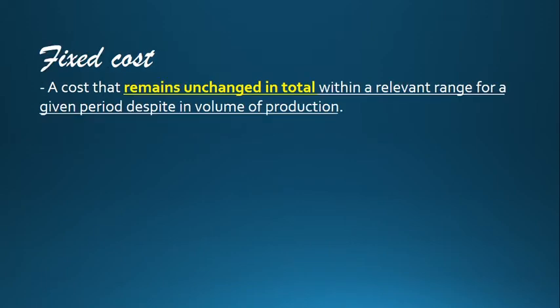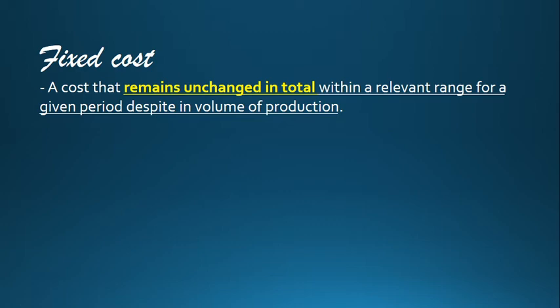So we now go to fixed cost. A cost that remains unchanged in total within a relevant range for a given period despite changes in volume of production. So dito, unlike variable cost, fixed costs are not affected by changes in activity. So kahit na ang activity level will rise or fall, the fixed cost remains constant in total amount. Ito, remains unchanged in total.